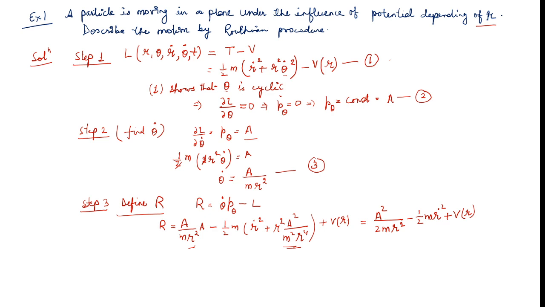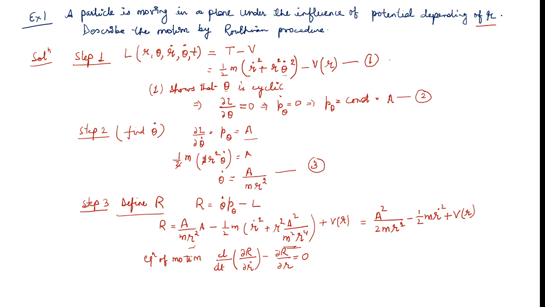Now the equation of motion for r will be d/dt of del R by del r dot, minus del R by del r, is 0. You have only one equation because R depends on only one coordinate.